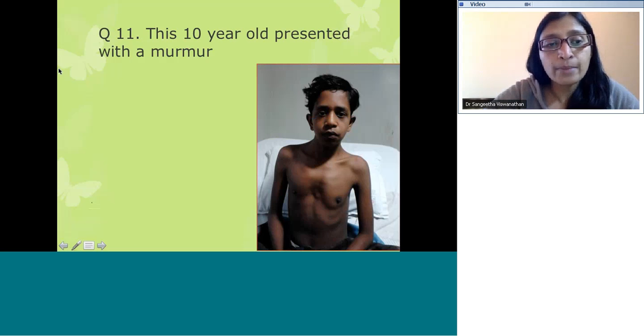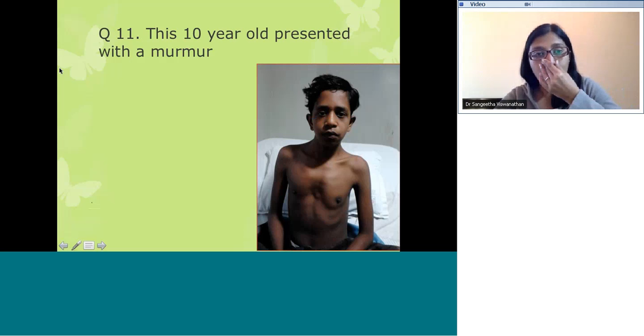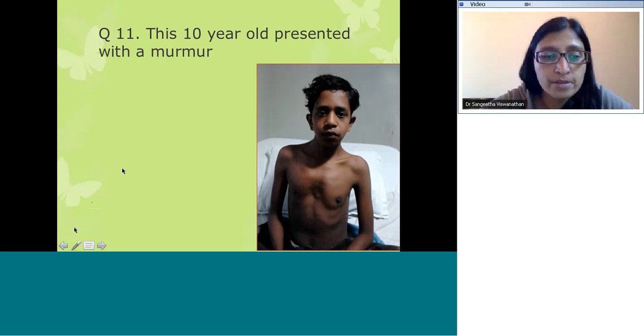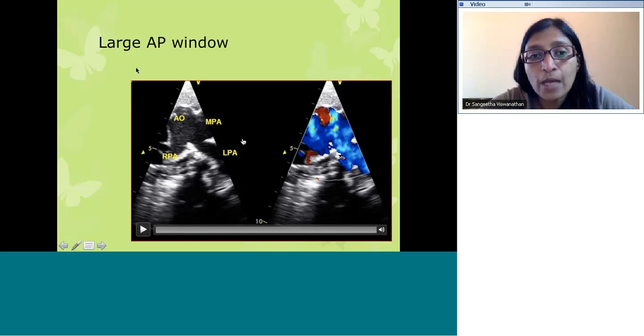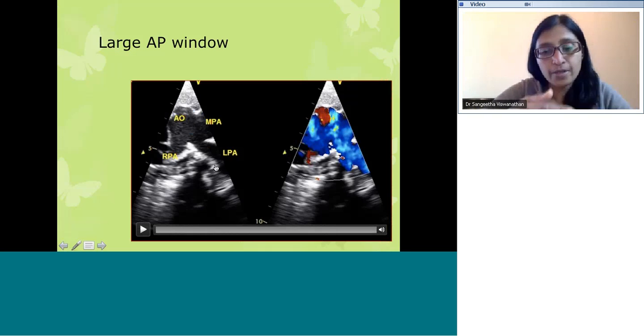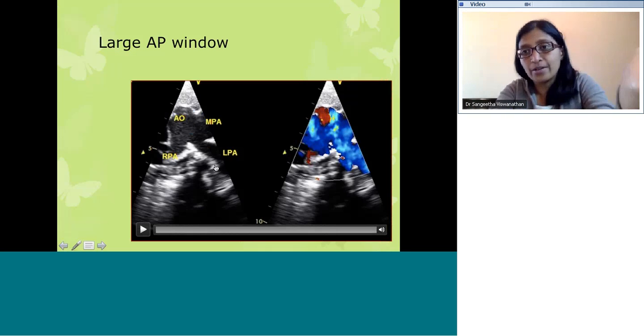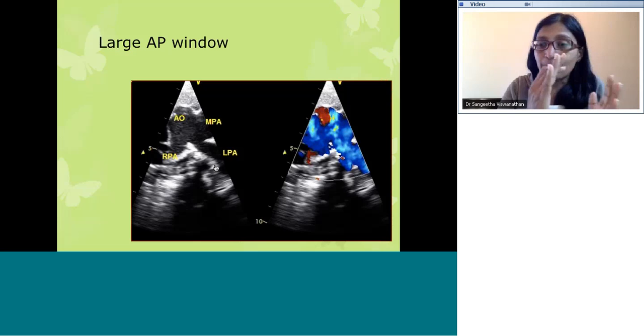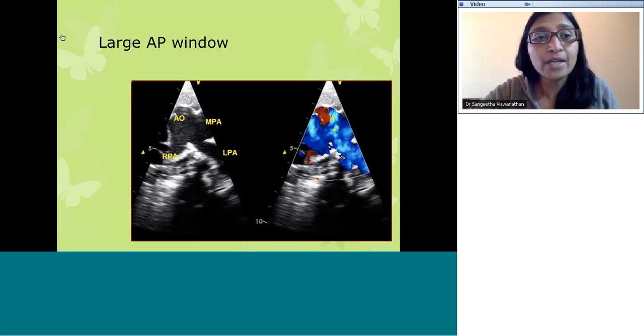It's not the right pulmonary artery from the aorta. Okay, RPA from the aorta will have no communication with the MPA. So if it is RPA from the aorta, this gap will not be there. It will be two separate entities. The main pulmonary artery will be separated from the aorta.